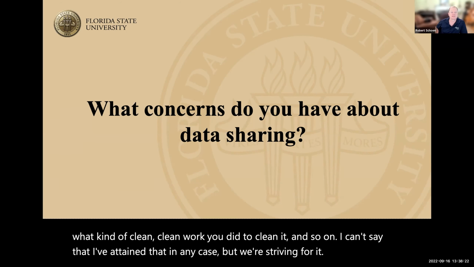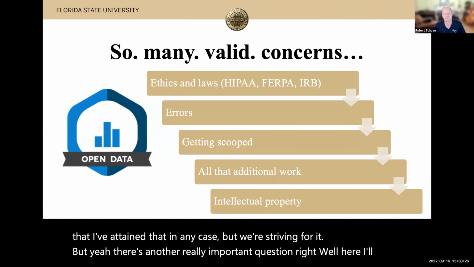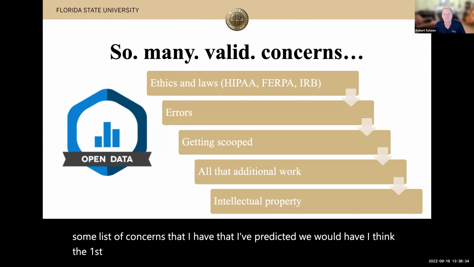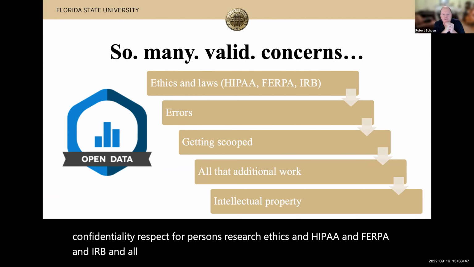But yeah, there's another really important question, right? Here I'll jump to a list of concerns that I've predicted we would have. I think first and foremost is making sure that we're maintaining privacy, confidentiality, respect for persons, research ethics, and HIPAA and FERPA and IRB and all the alphabet soup of ethics and laws that we are expected to maintain.